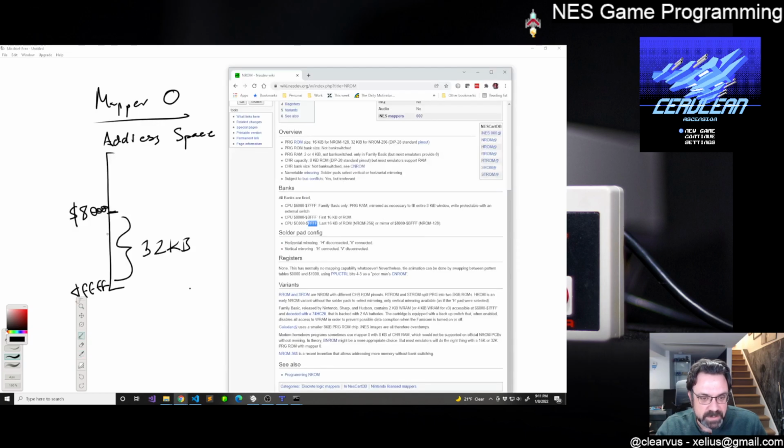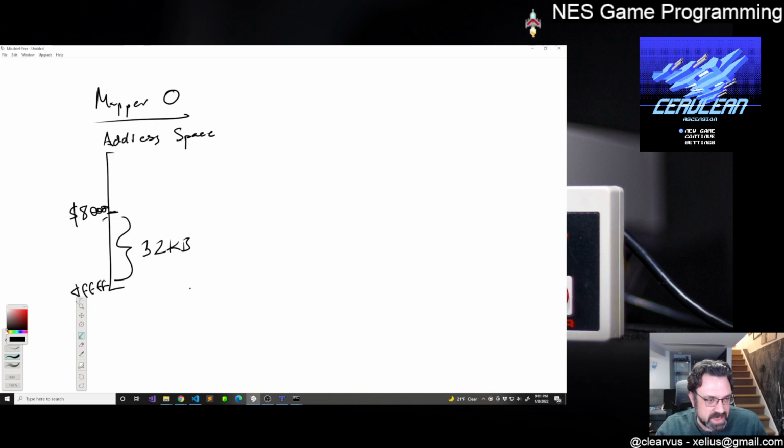If you're just using 16K, then it could be either here, well, it really should be then here in this latter part of the prog ROM starting at C000.